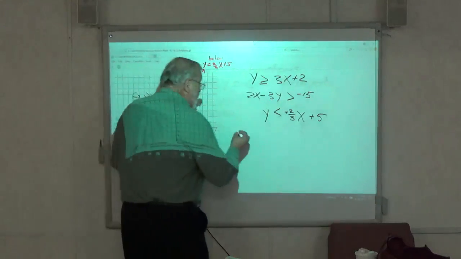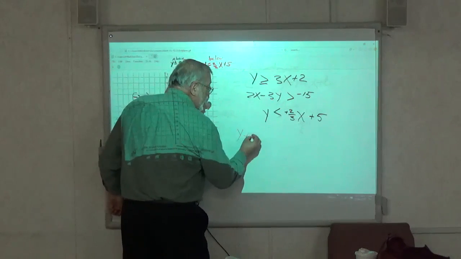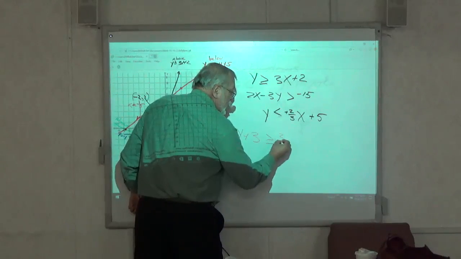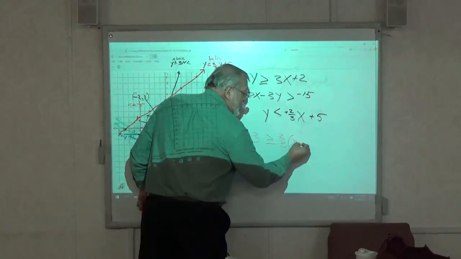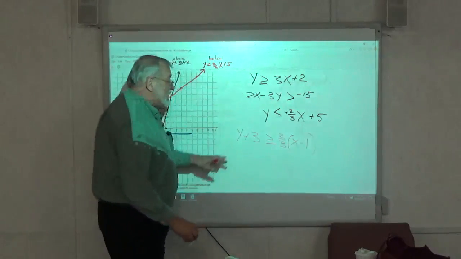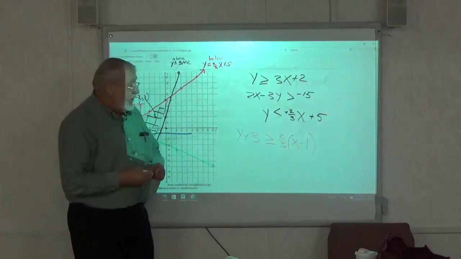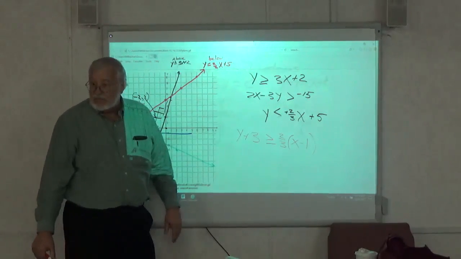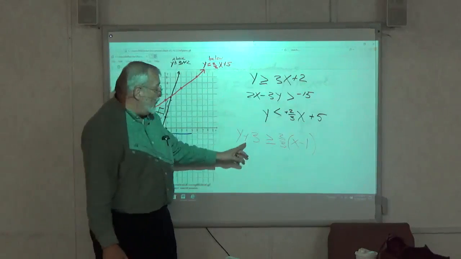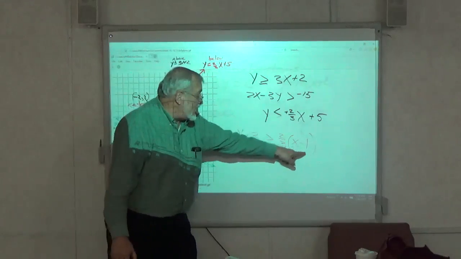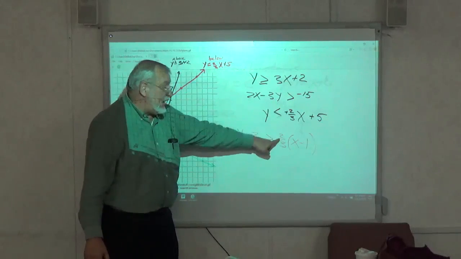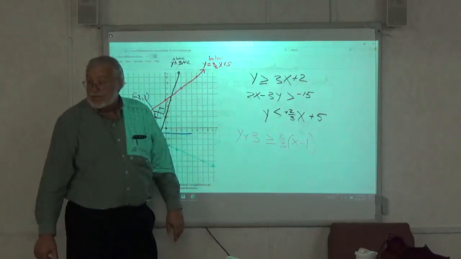If you have y plus 3 is greater than or equal to 2/3 x minus 1, instead of starting at 0, 0, because if you put a 0 here and a 0 here, the numbers don't help you as much. So we know from this that I have an x of 1 and a y of -3, so I'm going to start at that point and use the slope of 2/3.